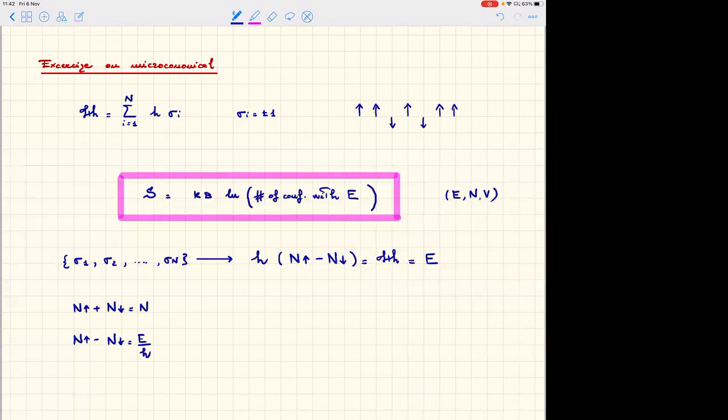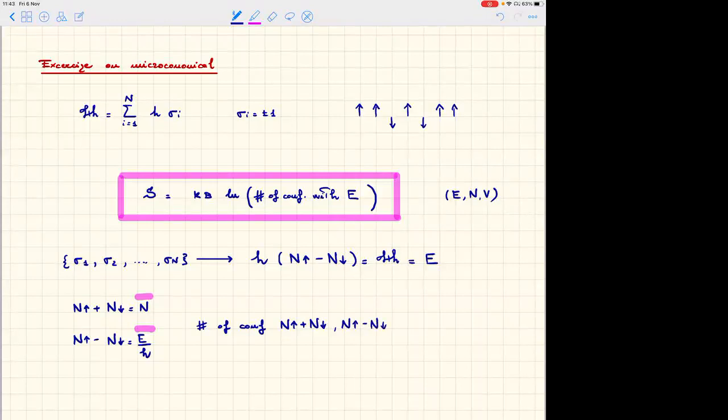Now I can ask myself, how many microscopic configurations correspond to a given n and a given E? If I rephrase this question in terms of n up and n down, it corresponds to the following question: how many microscopic configurations correspond to a given n up plus n down equal to n and n up minus n down?